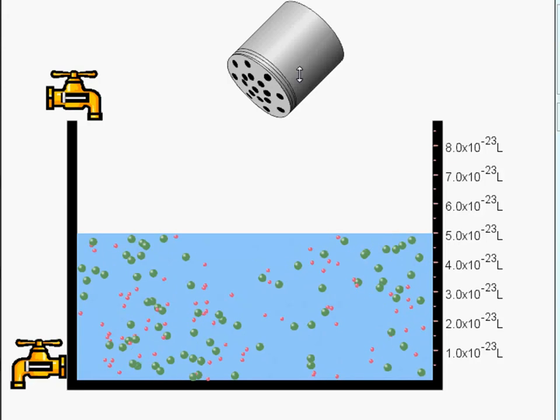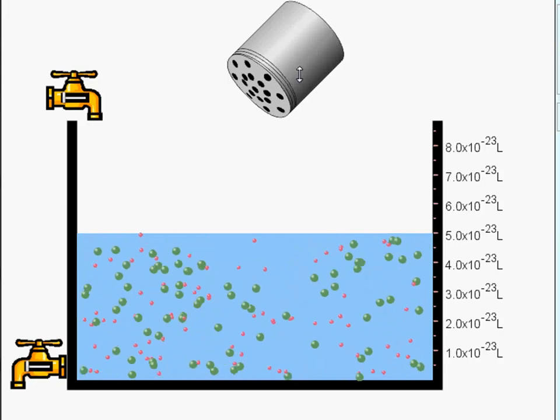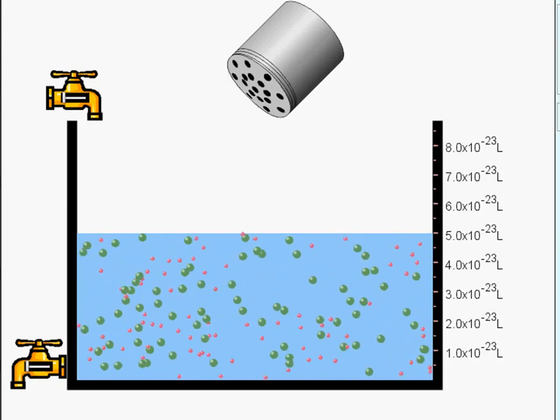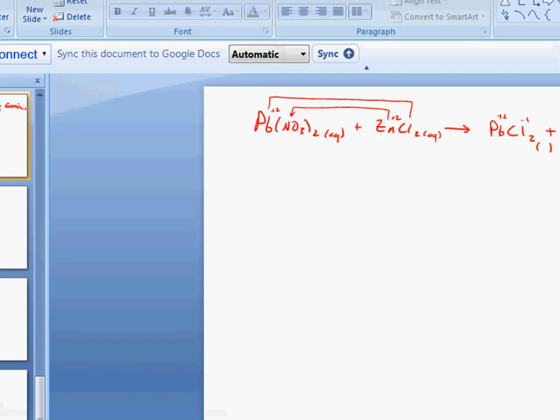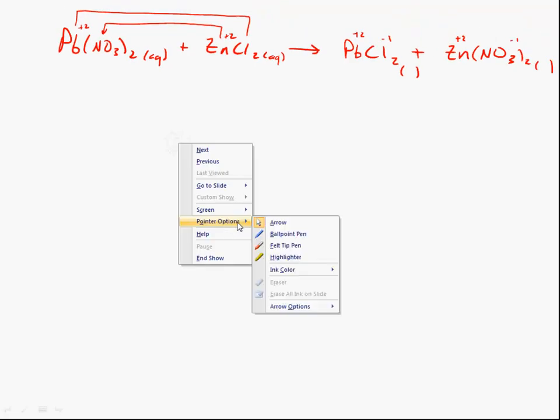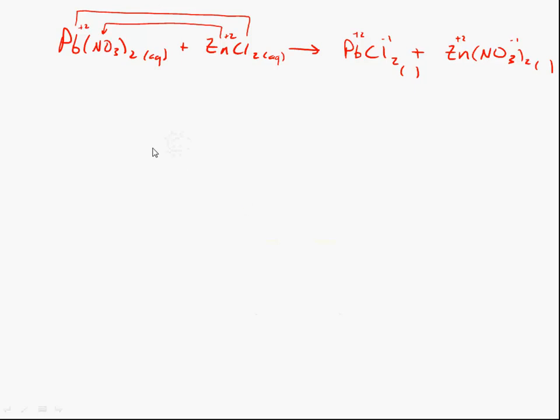So let's go back to our equation. Let's modify it a little bit. Let's go ahead and break up the compounds into their ions. I'm just going to start breaking these up.